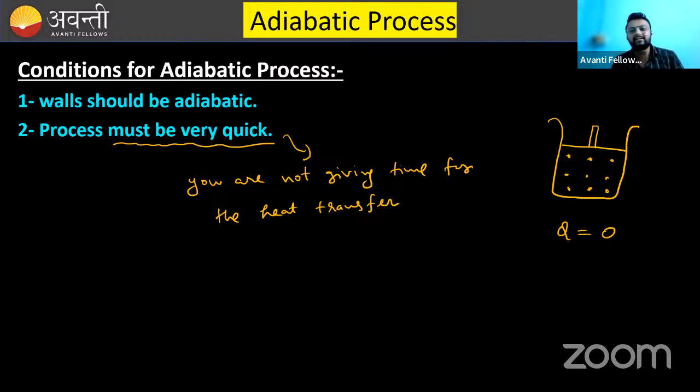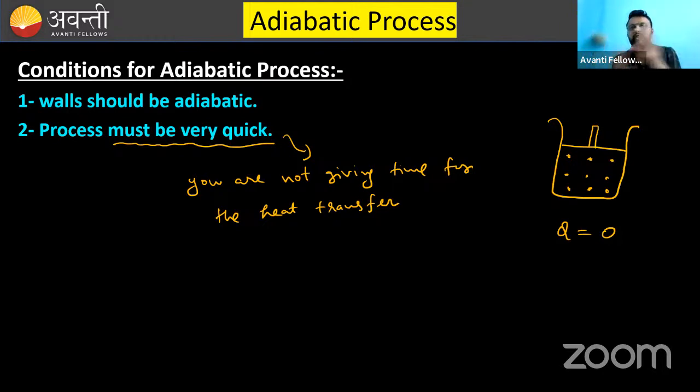A simple example: you have a balloon filled with air. You blow the balloon and it's filled with air, and you just open its mouth. Then the gas comes out of it very quickly.